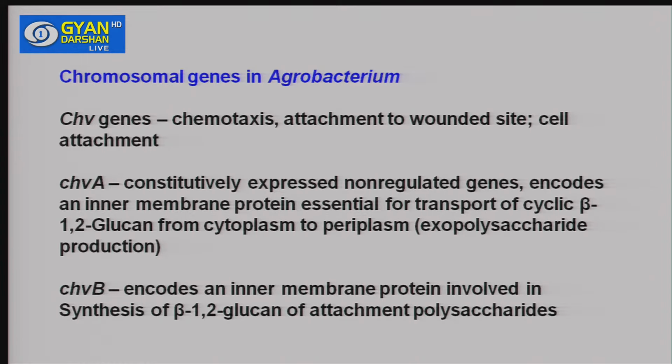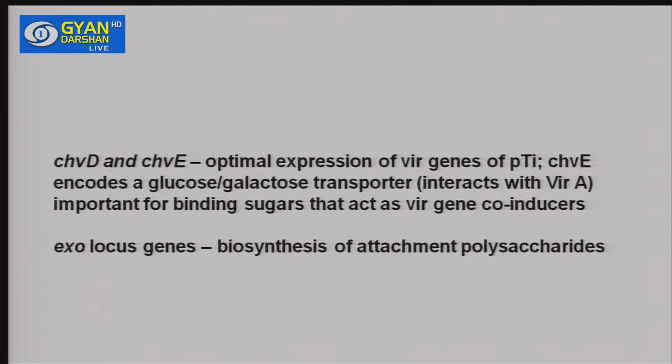For that, there are certain genes called chromosomal genes. Like CHVA, a constitutively expressed, non-regulated gene. It encodes an inner membrane protein essential for transport of cyclic beta-1,2 glucan from cytoplasm to periplasm. CHVB encodes an inner membrane protein involved in synthesis of beta-1,2 glucan, the attachment polysaccharides.